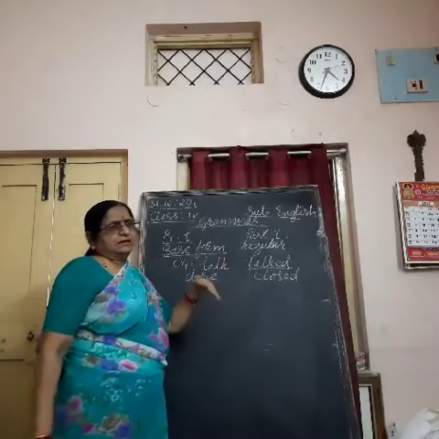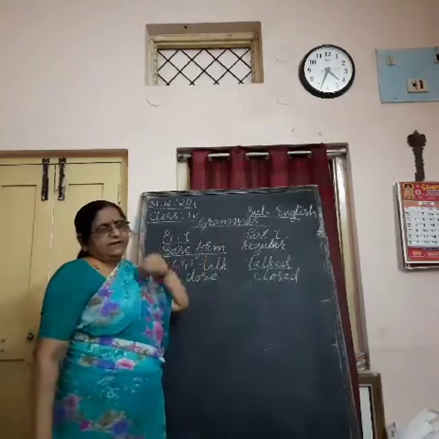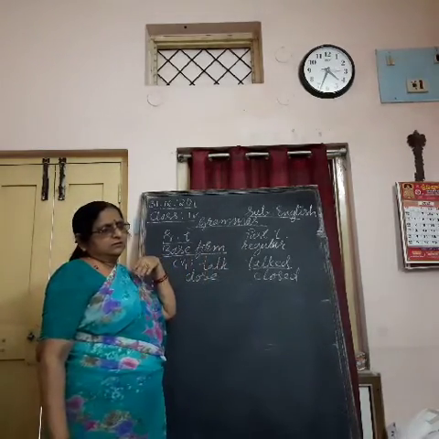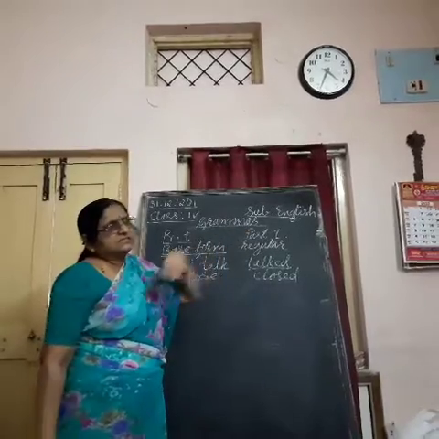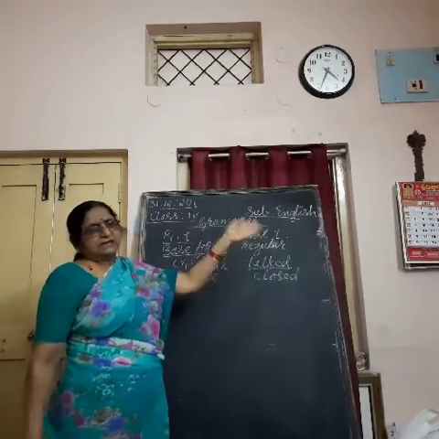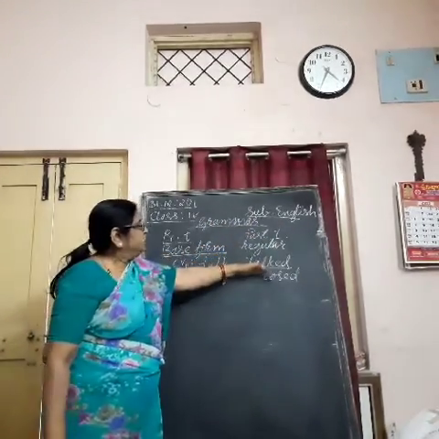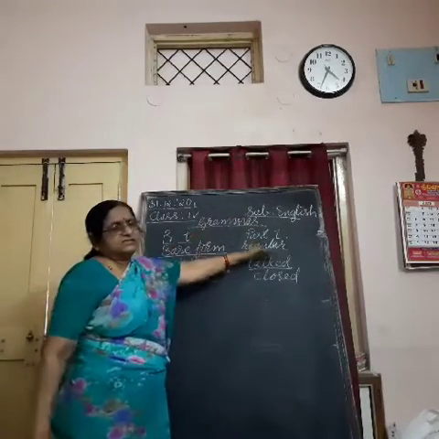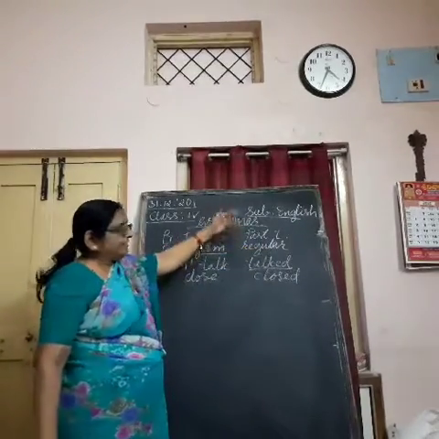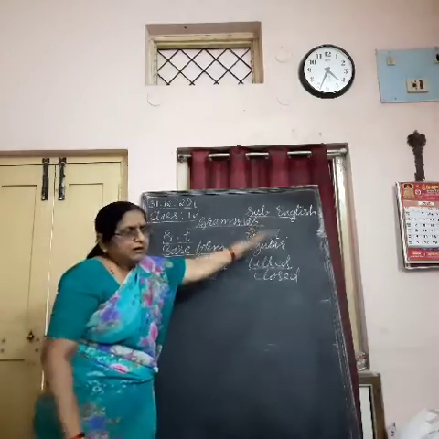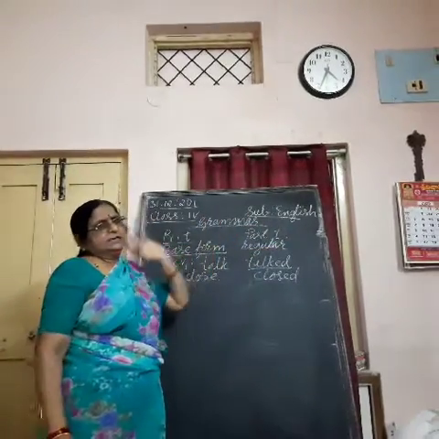Paint, painted. Answer, answered. Ask, asked, etc. By adding ed, we form the simple past tense. That is called regular form. Already I have taught it and you got it even in the exam.